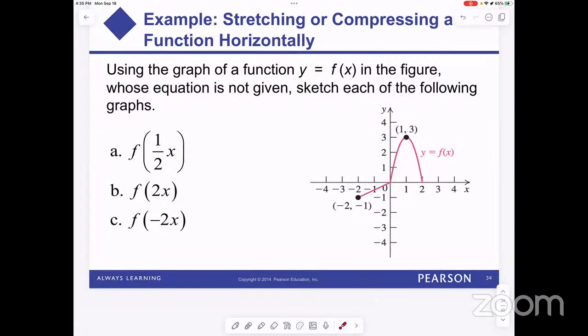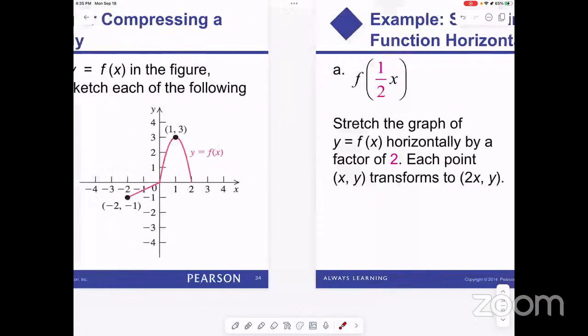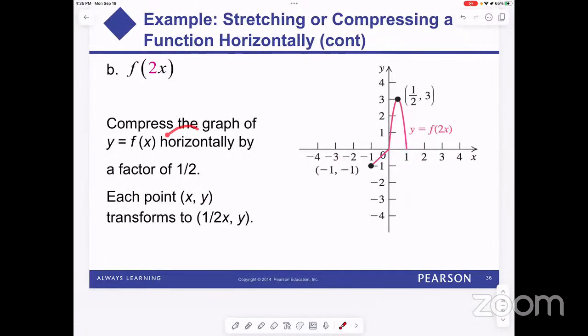So that's going to cause a horizontal change, and it's going to be the reverse of our intuition. So it should be a horizontal compression by a factor of 1/2. So in other words, our y values stay the same, but the x values are cut in half. So that way the image moves towards the y-axis.